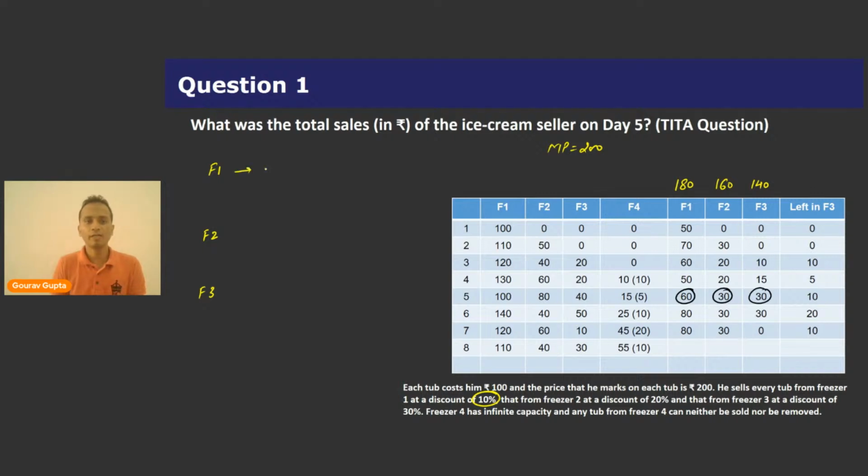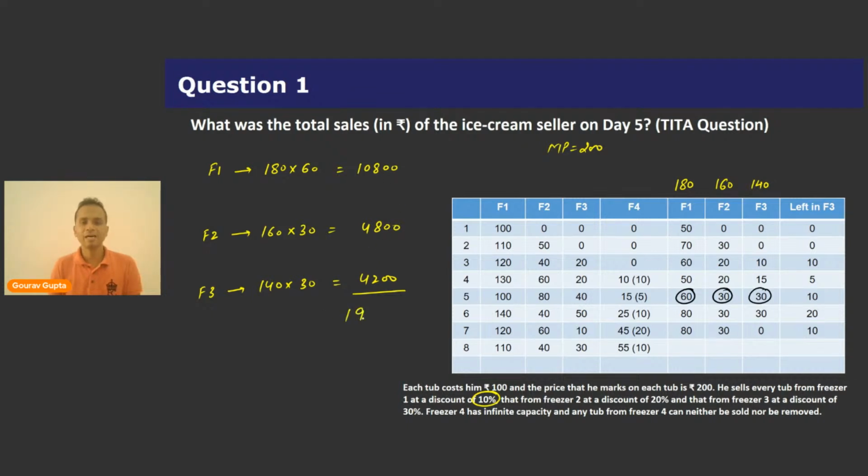So for freezer 1, the total sales will be 180 multiplied by 60, so it is 10800. Then from freezer 2, it will be 160, the selling price, multiplied by 30, that is 4800. And from freezer 3, it is 140 multiplied by 30, that is 4200.